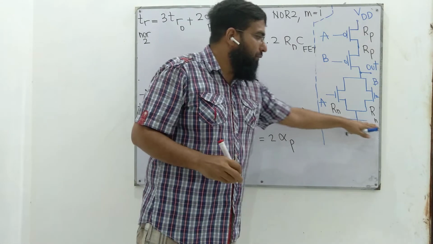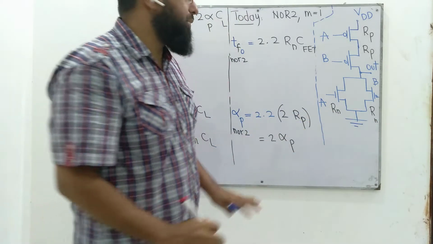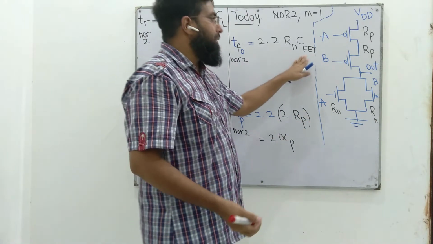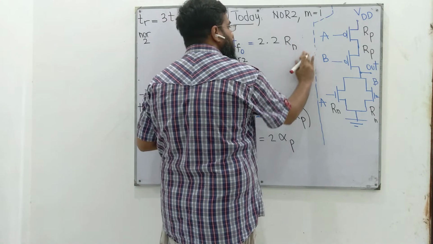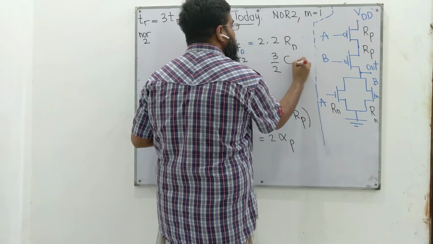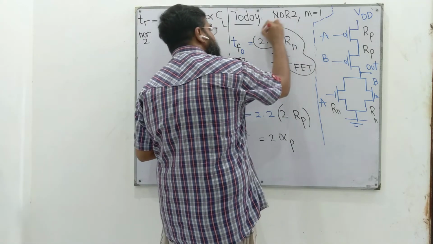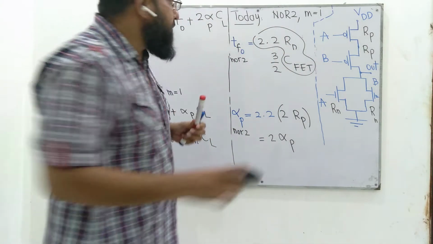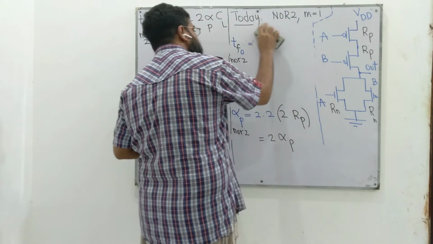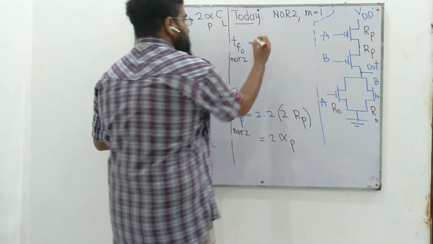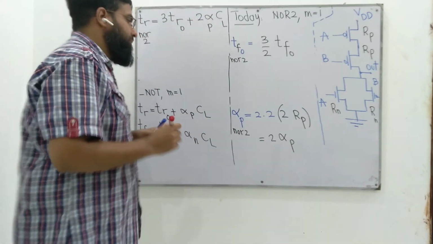In this case, we have two resistances in parallel, Rn in parallel with Rn. In the worst case, only one of them is on, so Rn remains Rn. And CFET, we have already discussed, becomes 3 by 2 times CFET. So this whole stuff is TF0. So TF0 for NOR2 is 3 by 2 times TF0 for the standard node.